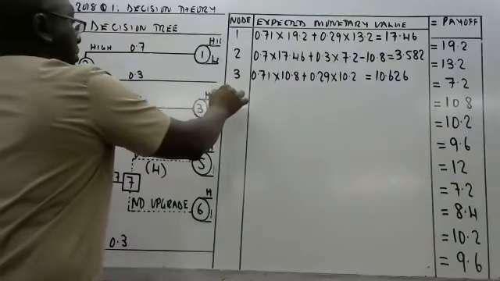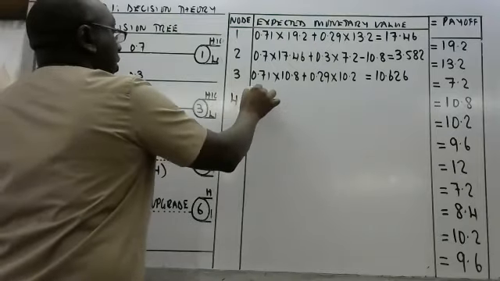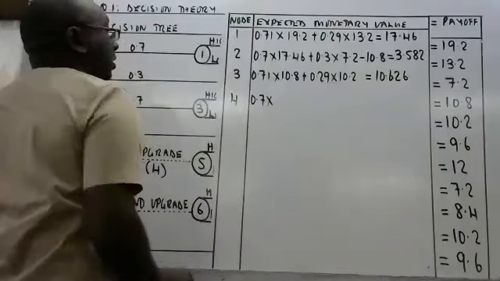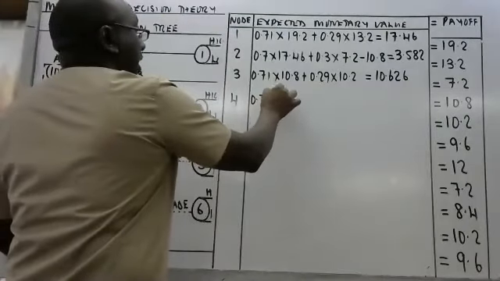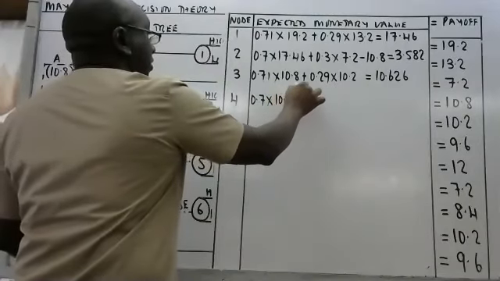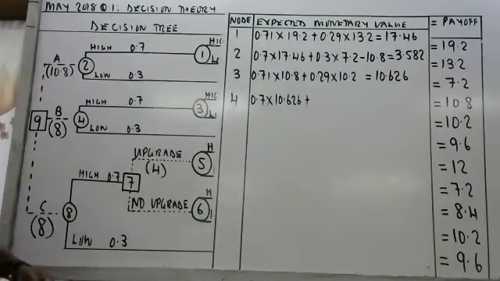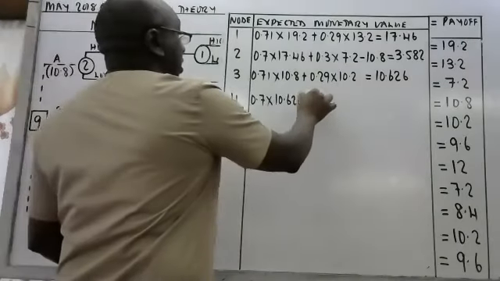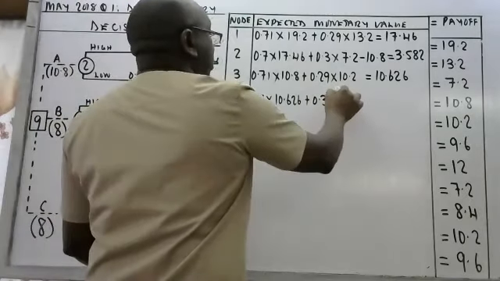I get to number 4, where I will say 0.7 times what is going in number 3, 10.626, plus 0.3 times this one here, 9.6.